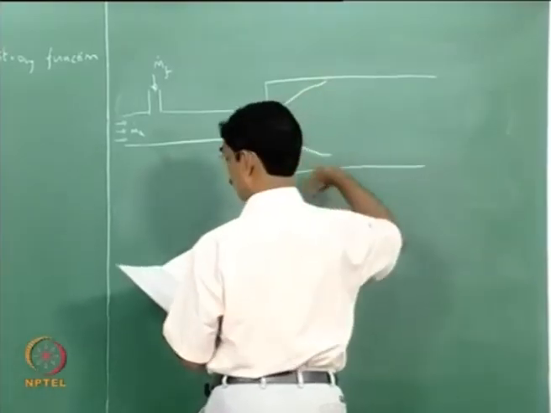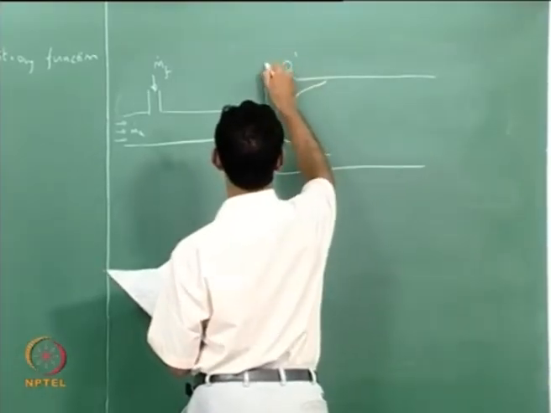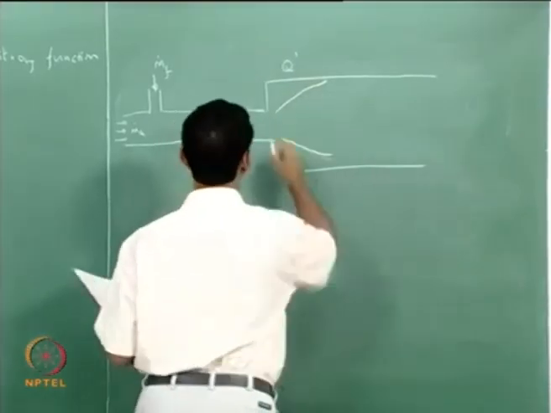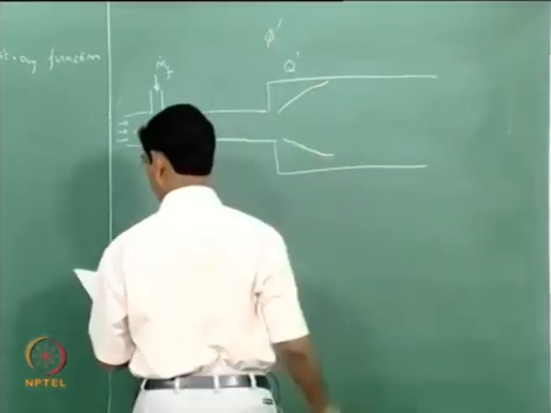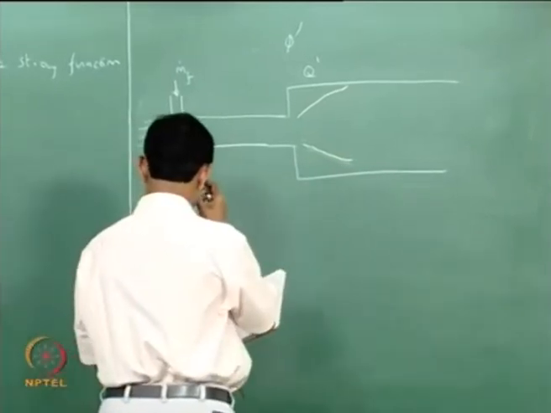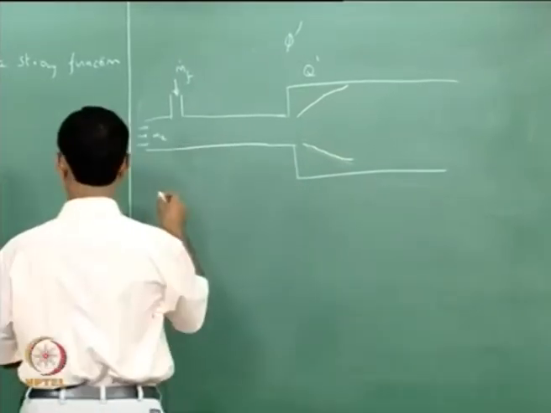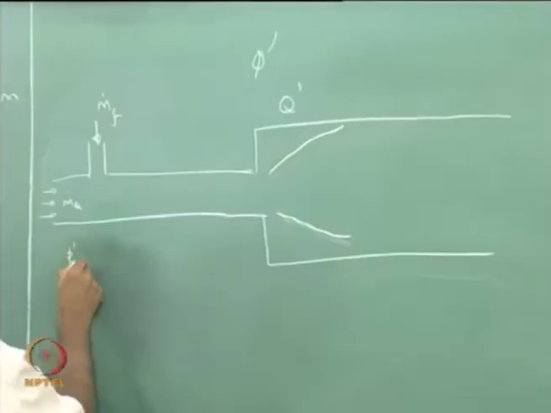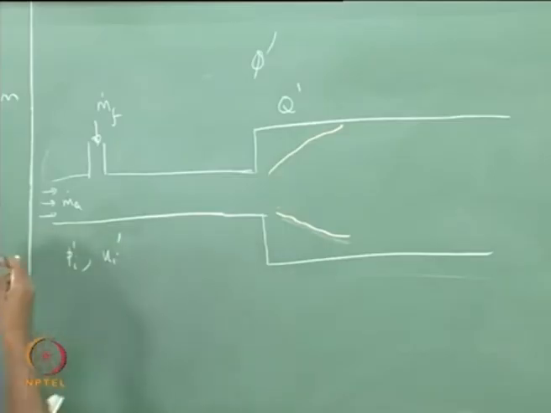So this is the heat release zone. There will be Q prime here, and there is phi prime coming here. Subscript I denotes fluctuations at the inlet.